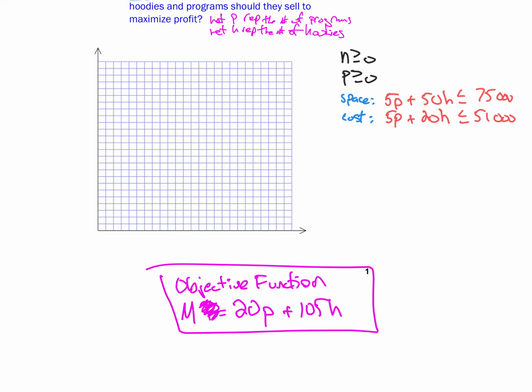This would represent the programs, and this would represent the hoodies. I'm tempted to go up to about 20. Every one is 1,000. So 1, 2, 3, 4, 5. X is P, right? Yes.